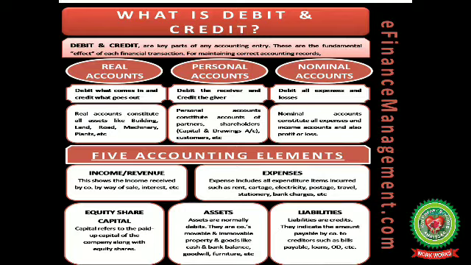Assets are normally debits. They are the company's movable and immovable property and goods like cash and bank balance, goodwill, furniture, etc. The last we have revenue. This shows the income received by a company by way of sale, interest and so on. So these are the 5 important accounting elements on which accounting entries are based.